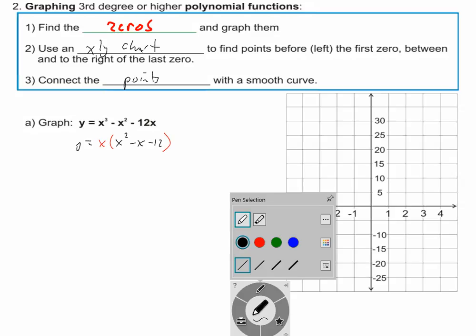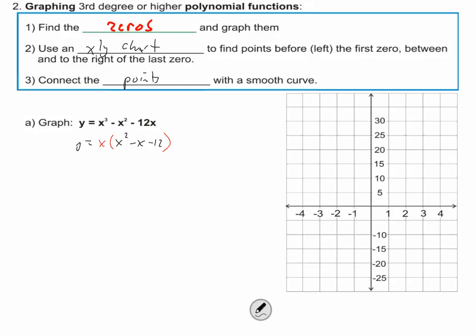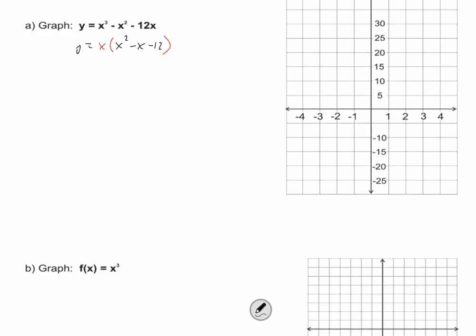I mean, that's a whole lot easier factoring out that common x. I'll go a little higher for you. And now we're going to look to factor the remaining trinomial, right? And it factors into -4, +3, right? Will give me that -1 in the middle.